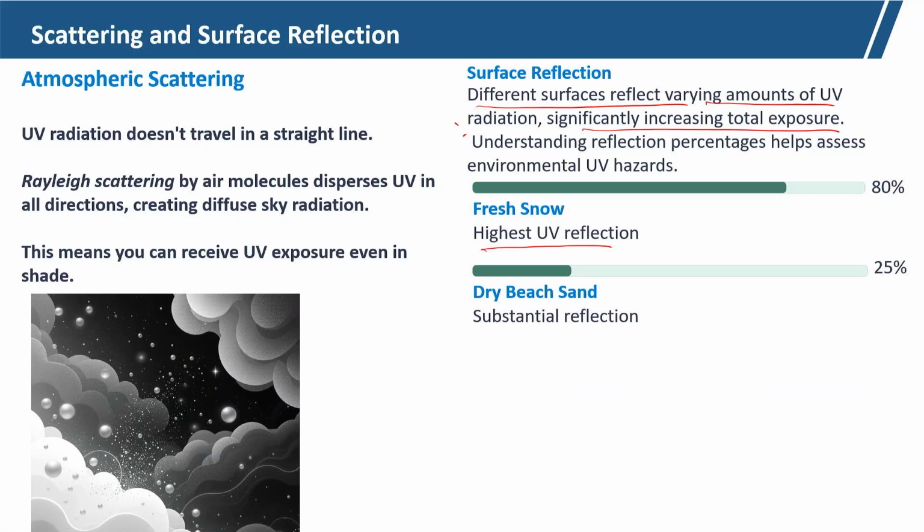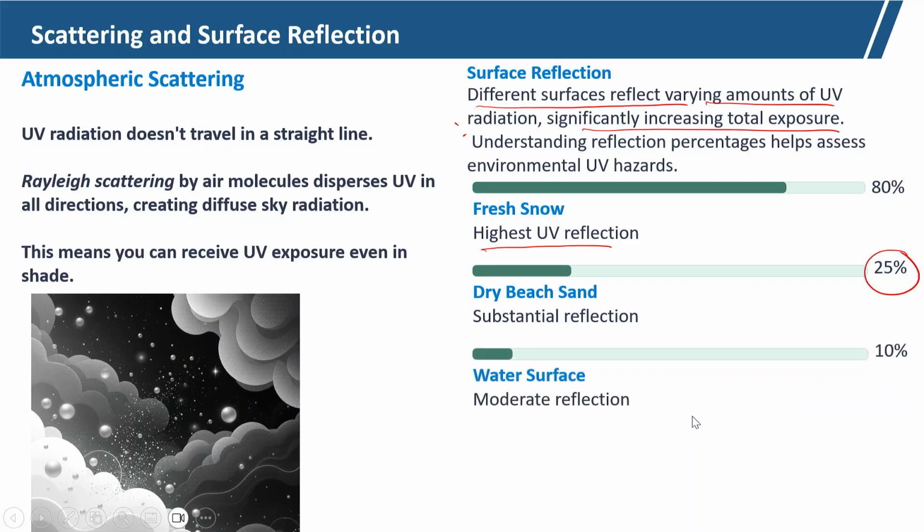Dry beach sand has substantial reflection, 20% of the incident UV gets reflected. A water surface like seawater reflects about 10%, so moderate reflection.